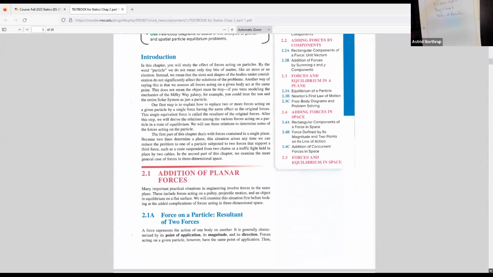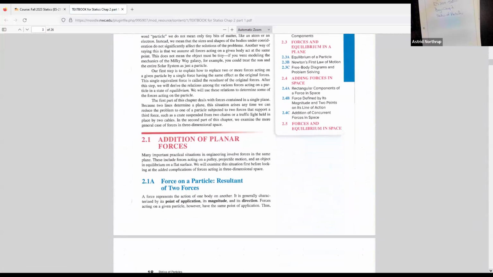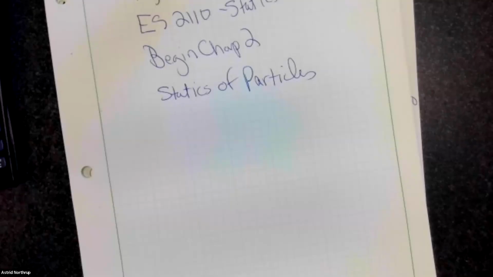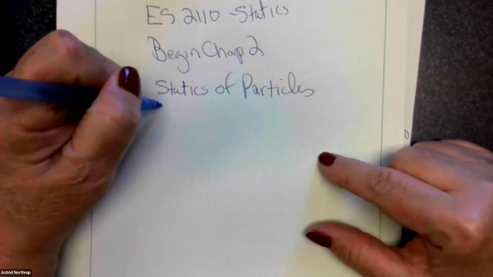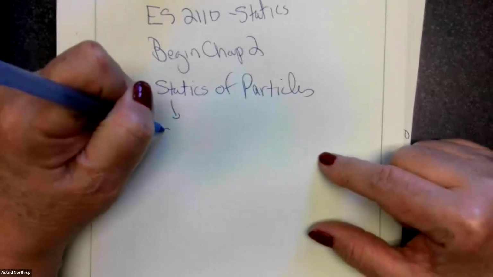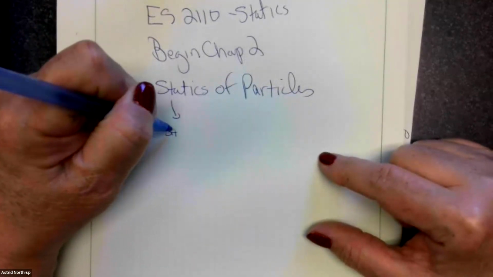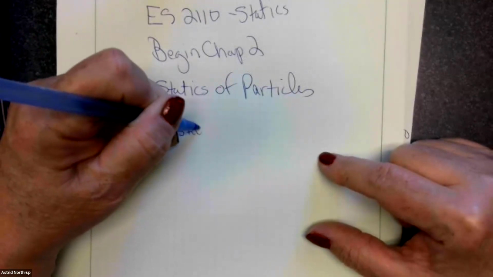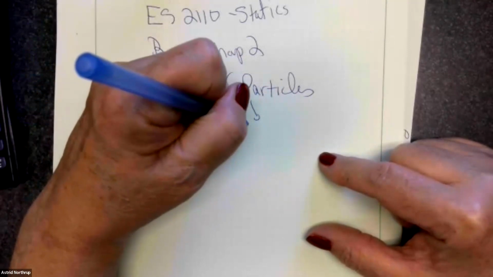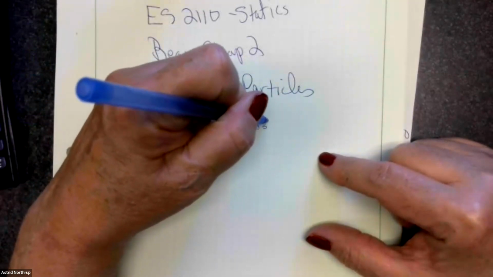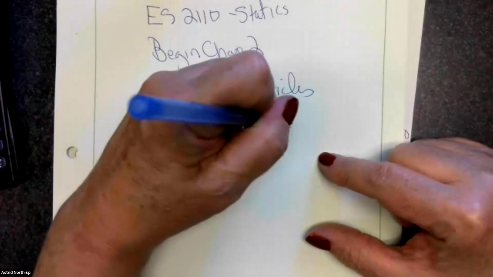What we're going to start talking about is the statics of particles. When we talk about the statics of particles, what we're really saying is statics are things that sit still, in other words, they're not moving. We're not necessarily talking about particles, but we do not take into account the shape or space of a particle.